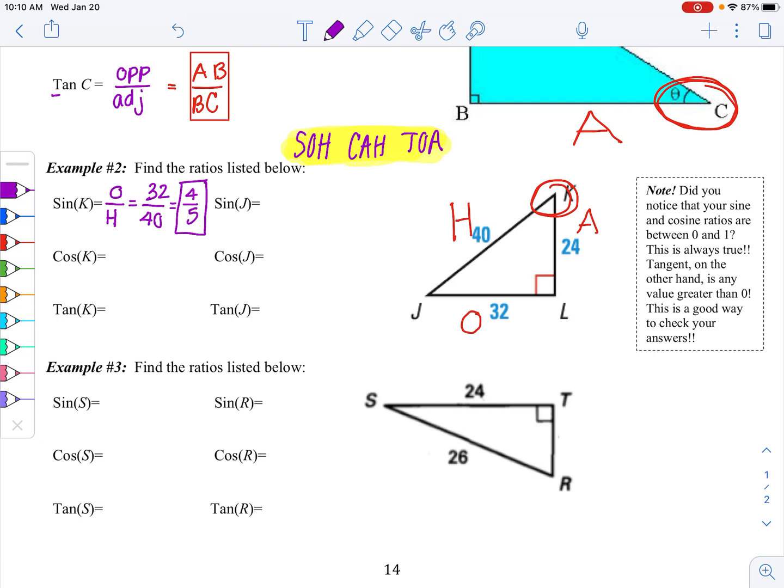Next one is cosine. Cosine is adjacent over hypotenuse. So that means A over H. Look at your picture. The side length with A is 24. The side length with H is 40. And you need to simplify and you'll get 3/5.